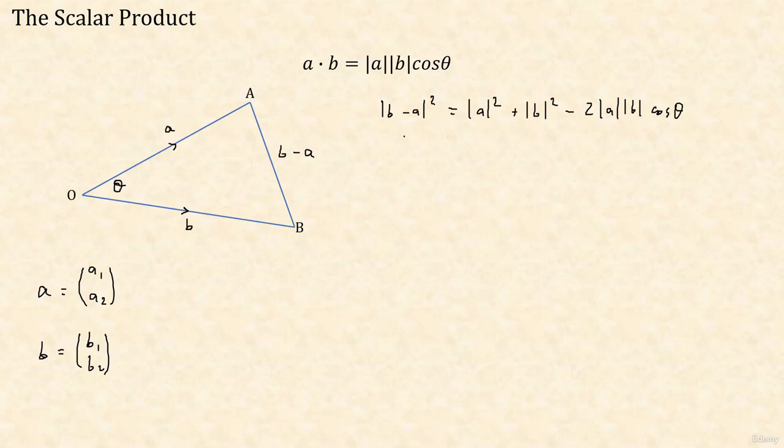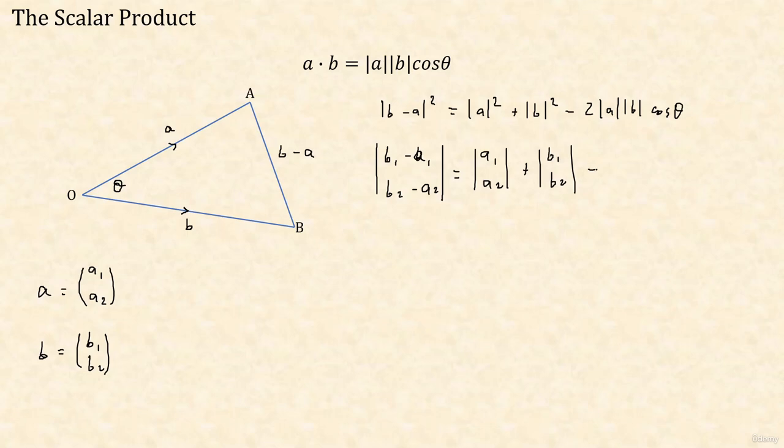The modulus of b minus a is going to be the modulus of the vector b1 minus a1 in the i direction and b2 minus a2 in the j direction. And then the modulus of a is simply the modulus of a1, a2. The modulus of b is just the modulus of b1, b2.